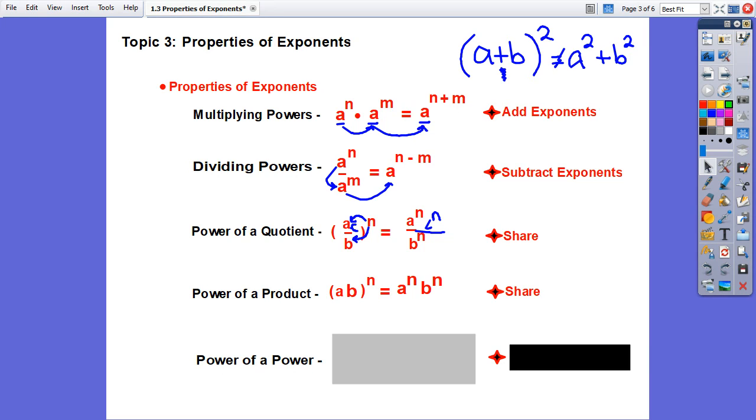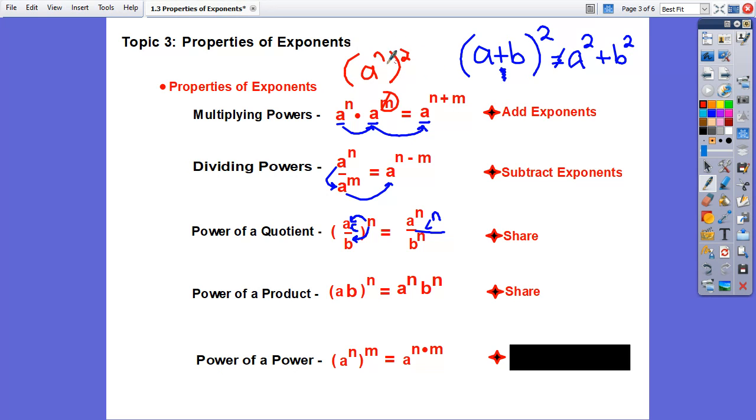And then the last one's called power of a power, and that's when you have an exponent next to another exponent, and so A to the n to the m. In that case, what we do is we multiply those two. It really goes back to multiplying powers. If the exponents end up being the same, so let's say this is an n instead of an m, then what we have is a to the n squared.